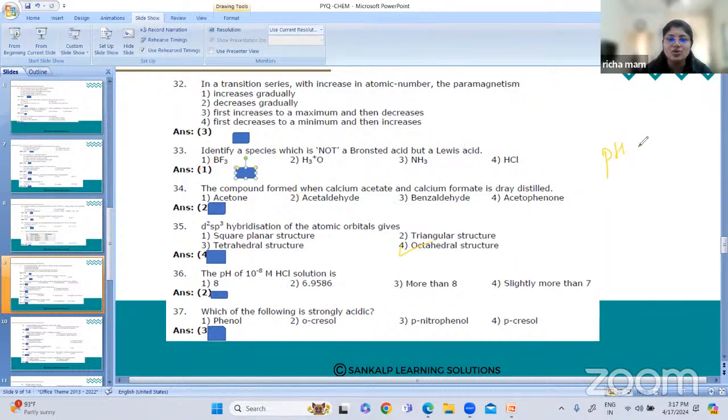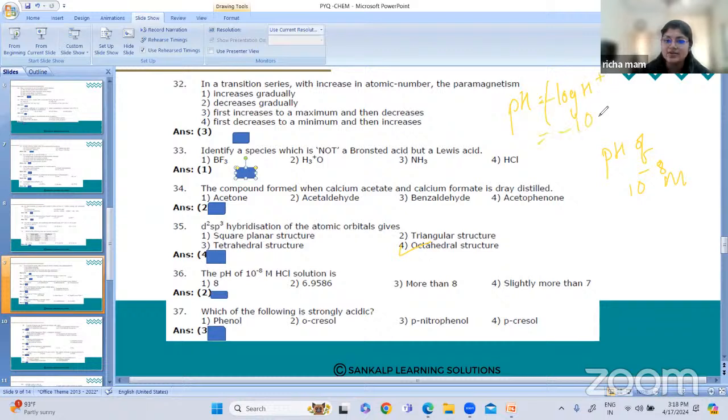Then, the pH of 10 raised to minus 8 molar HCl solution is. Guess what the pH is. Navishti has answered it as 2. So pH is equal to negative log of H plus ion.